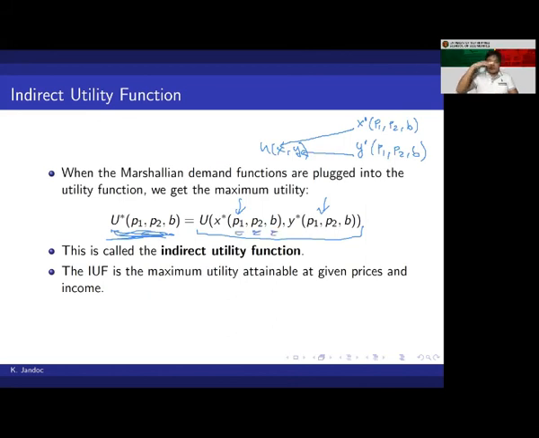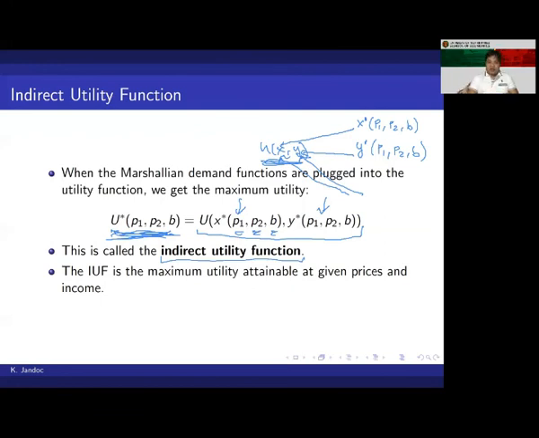So for certain levels of prices and income, u star is the maximum utility that you can achieve. This is called the indirect utility function. Where does the term indirect come from? In your original utility function u of x, y, utility is a direct function of consumption levels x and y. If you consume x, you get satisfaction; if you consume y, you get utility.